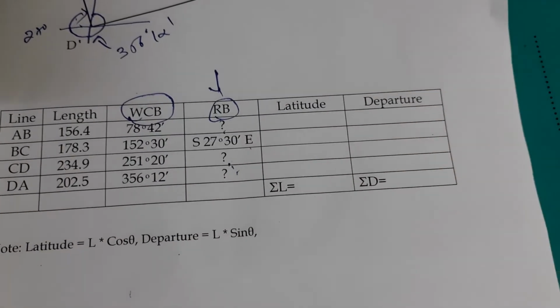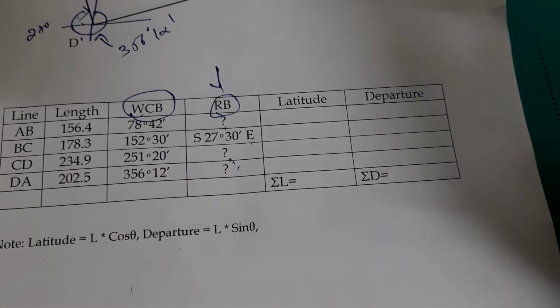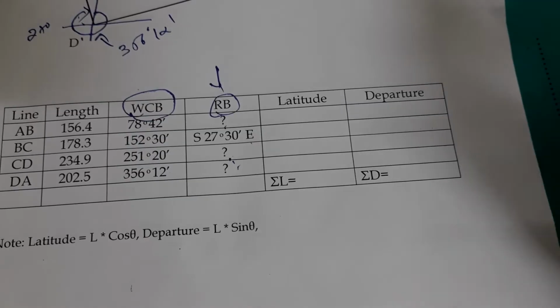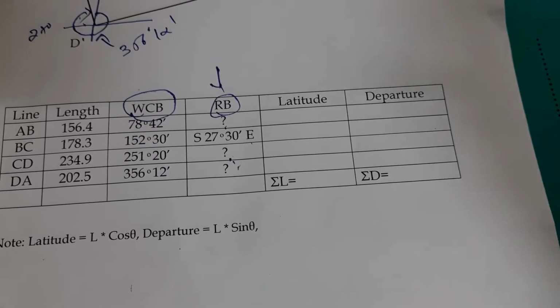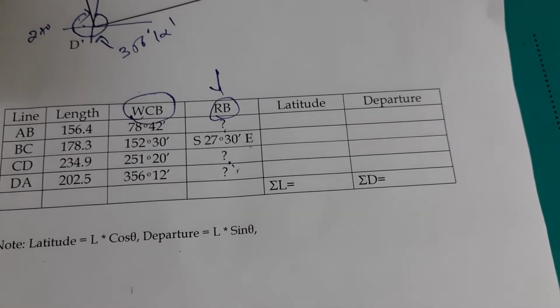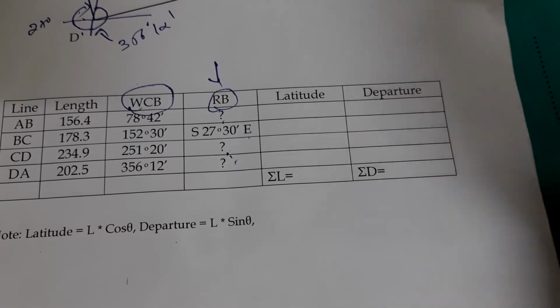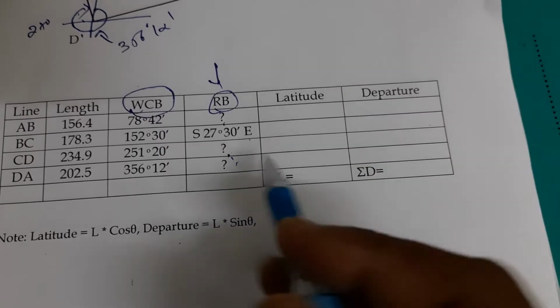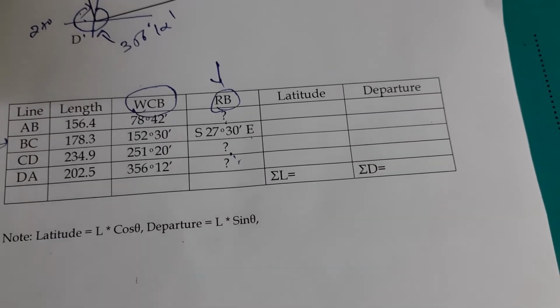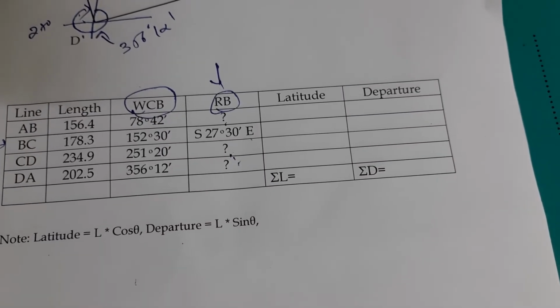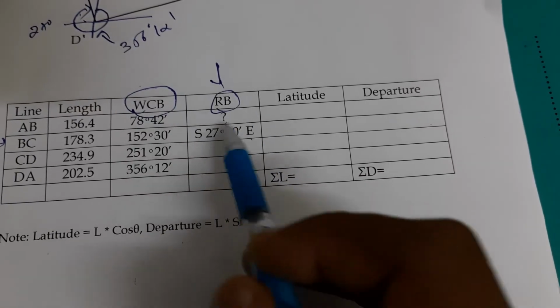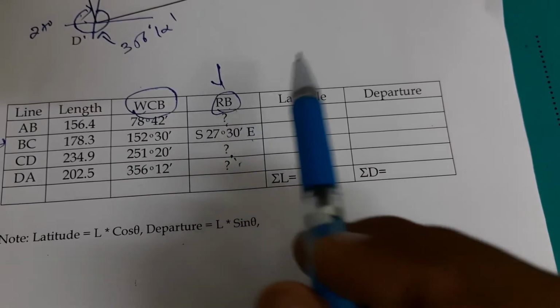You need to solve the example by both methods, because in the exam any type of example may be asked. For one example I will solve this, so you can understand why we need to calculate the reduced bearing.